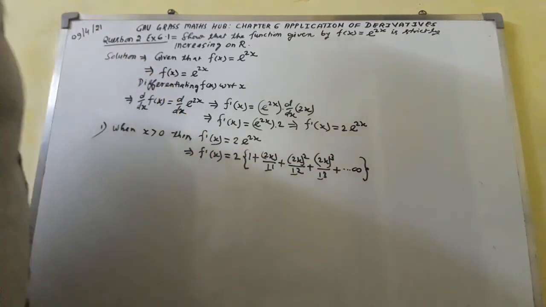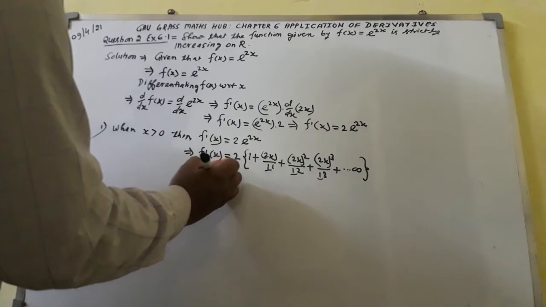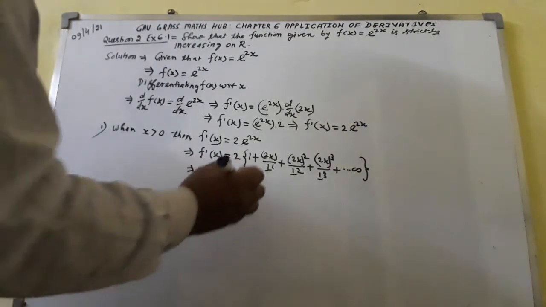So here again I shall write f dash of x is equal to 2.